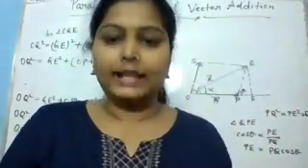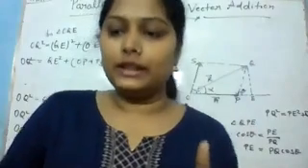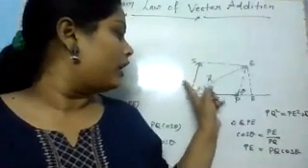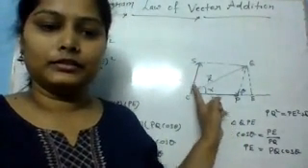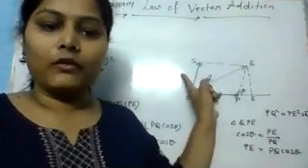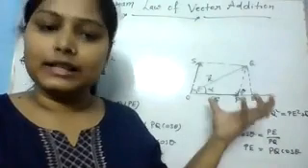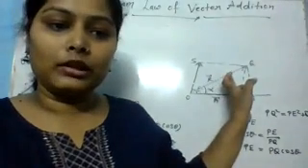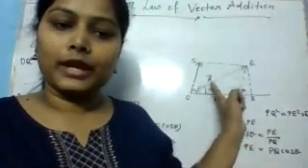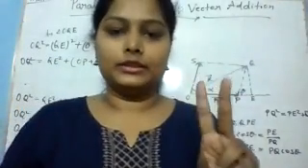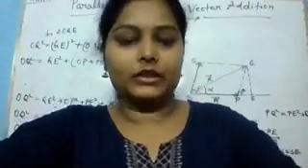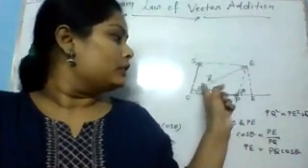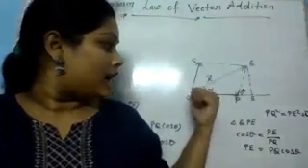The parallelogram law says that if two vectors, representing magnitude and direction, are the adjacent sides of a parallelogram, then their resultant will be shown by the diagonal of the parallelogram which starts from the same point.